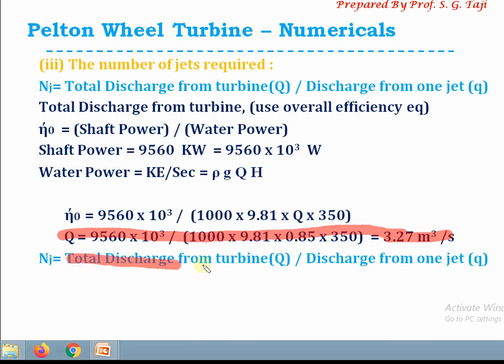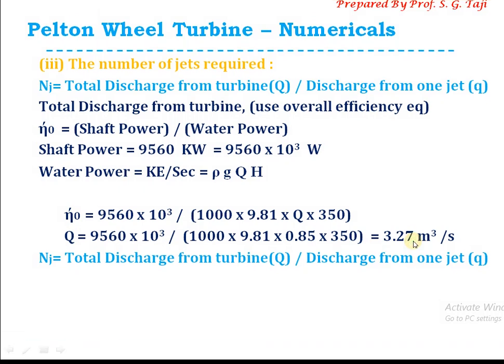Now put the value here, 3.27 divided by 1.6, and you will get the number of jets required. The value is coming out as 2 jets, so I just rounded it to 2 jets. It is actually less than 2 jets.